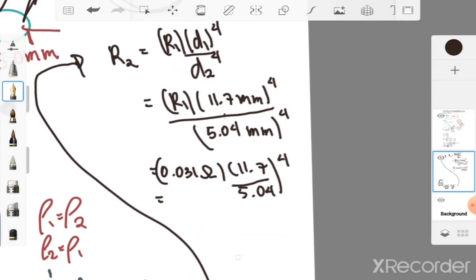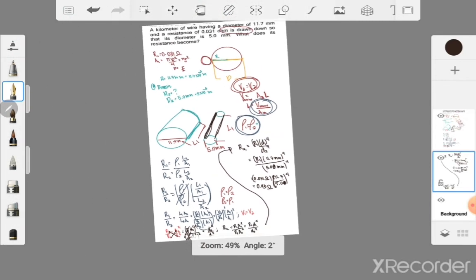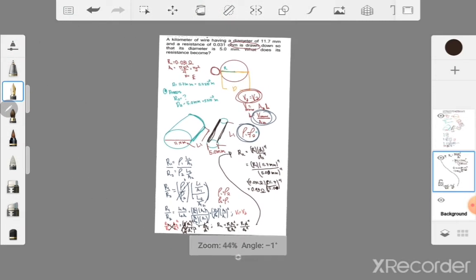Our D2 is equal to 5.05. Okay? Yeah. Okay. So we have a value equal to 0.93 ohm. Okay. That is our example number 2.